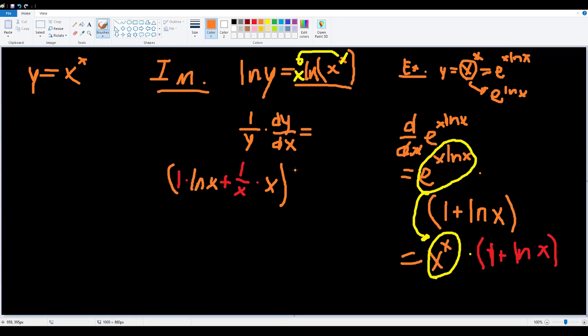Let's just close off these brackets. Now, as you can see, we don't need that. These two cancel, and so we're left with 1 over y.